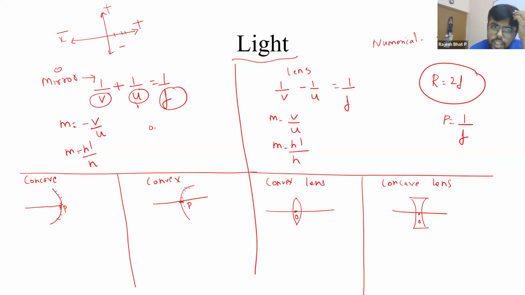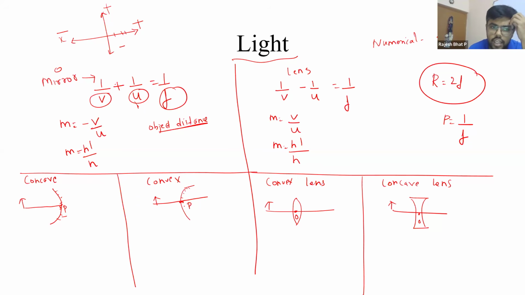Now, what is U? U is called the object distance. Object distance means, in front of the mirror, we have to keep something, no? So that distance is measured from the pole or from the optic center. Now, if you keep an object here, here, here, here, go according to our coordinate axis.